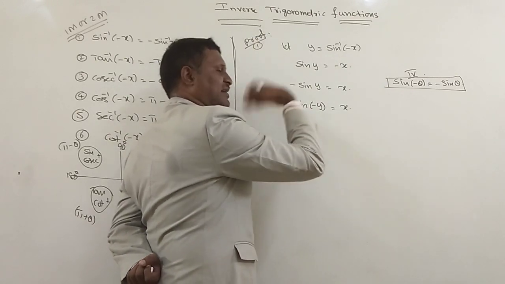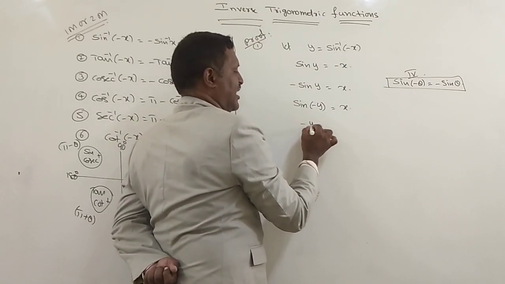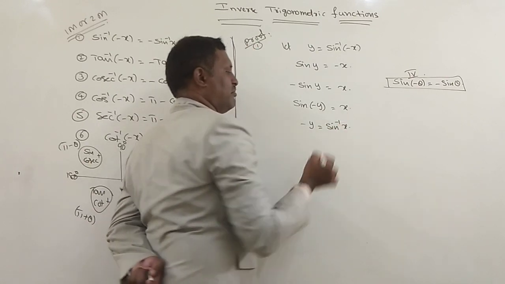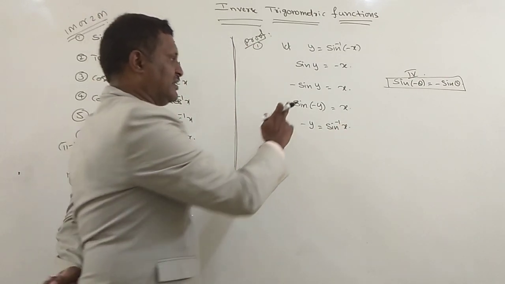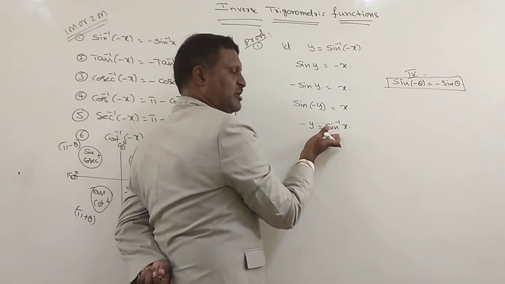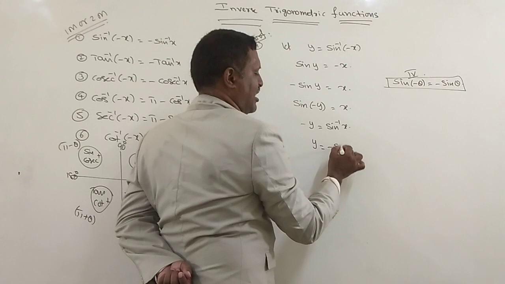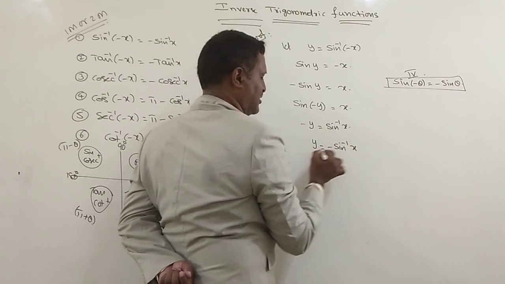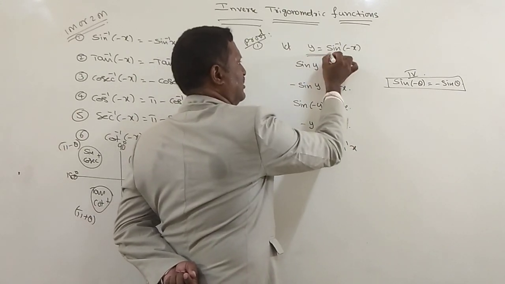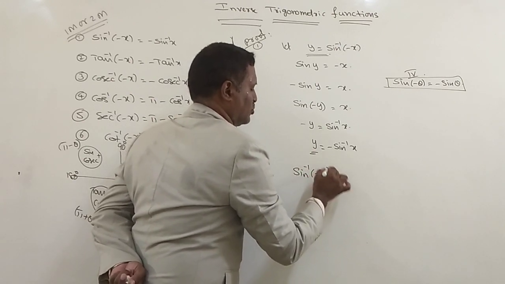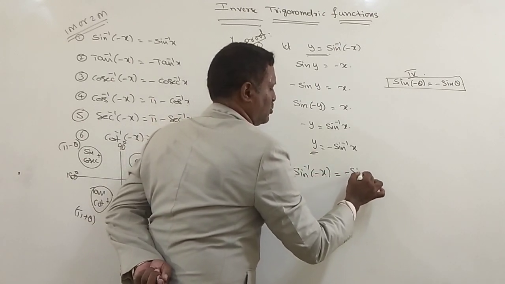Now this sine, take the other side, we can write minus y is equal to sine inverse x. Then y is equal to minus sine inverse x. Now what is y we took in the beginning? Sine inverse of minus x. So sine inverse of minus x is equal to minus sine inverse x.